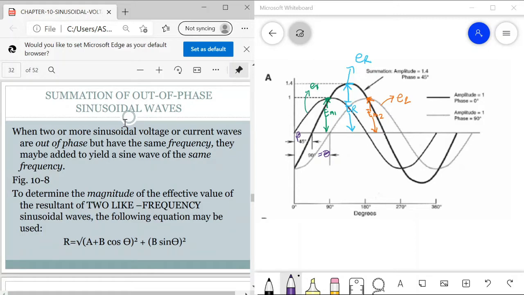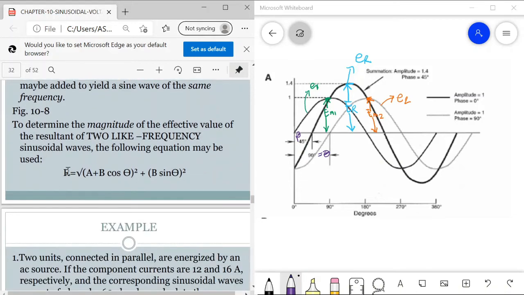So to determine the magnitude of the effective value of the resultant of two like frequency sinusoidal waves, the following equation may be used. The resultant of the summation of two out of phase waves is equal to the square root of (A plus B cosine theta) squared plus (B sine theta) squared.